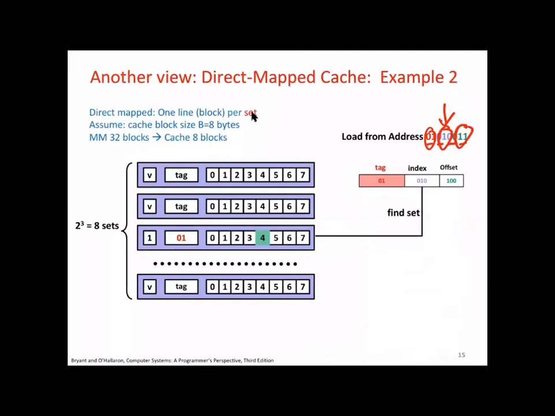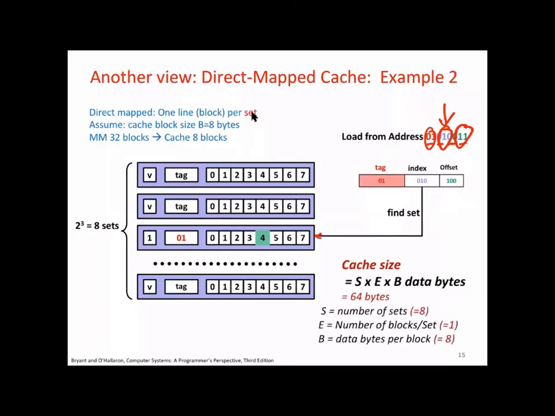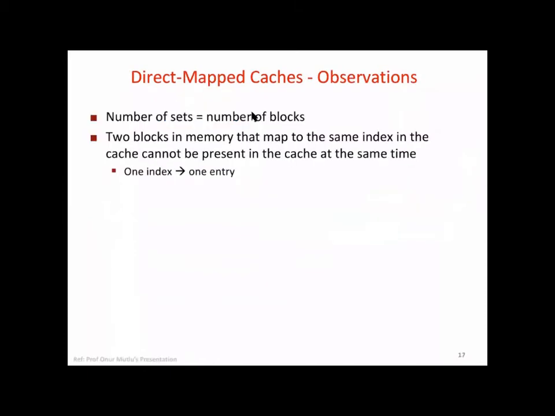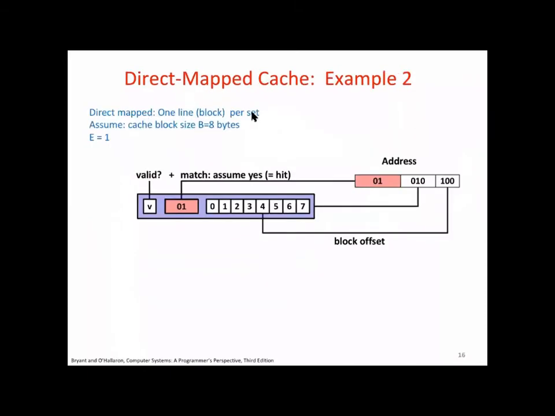It first uses the index to go to the appropriate set, or appropriate block in this case, and then matches the tag. Here and here both are the same, then it uses this to read the offset. So this is how it is.